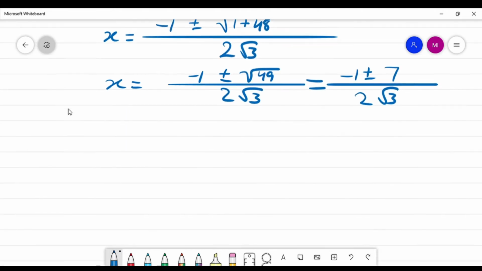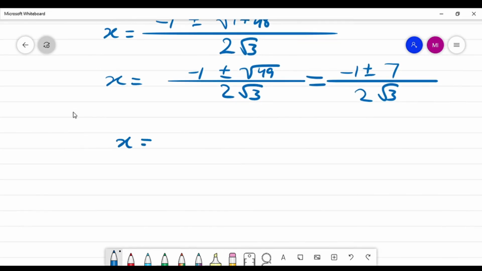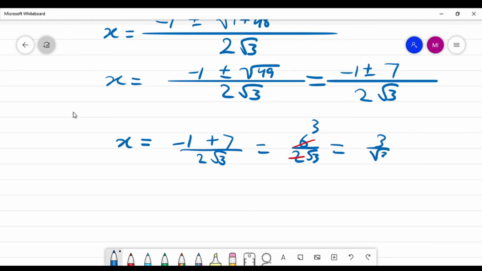So we get x is equal to negative 1 plus 7 divided by 2 under root 3 is equal to 6 over 2 under root 3, which is going to be equal to 3 over under root of 3.